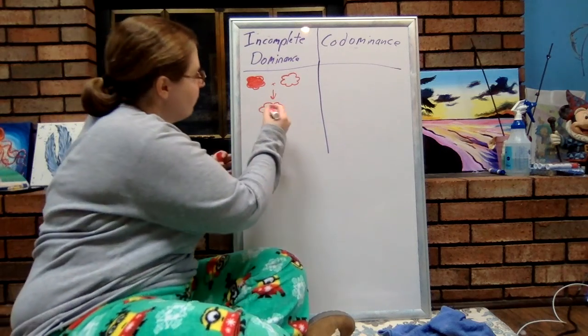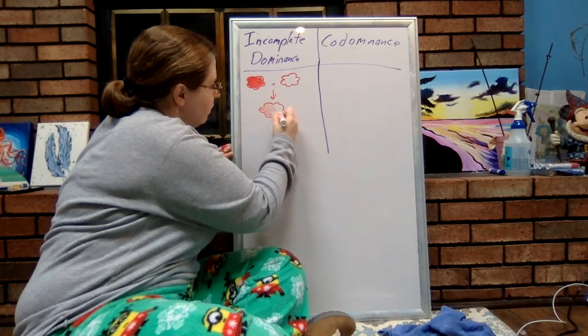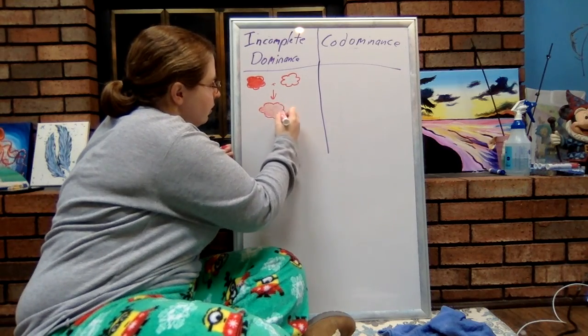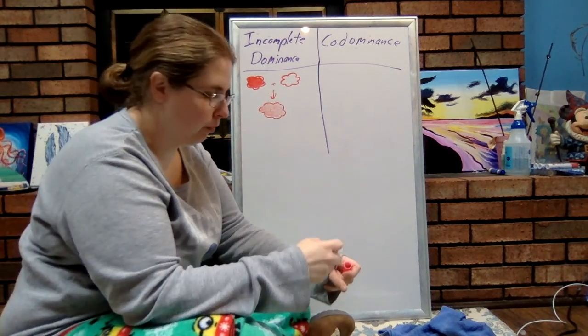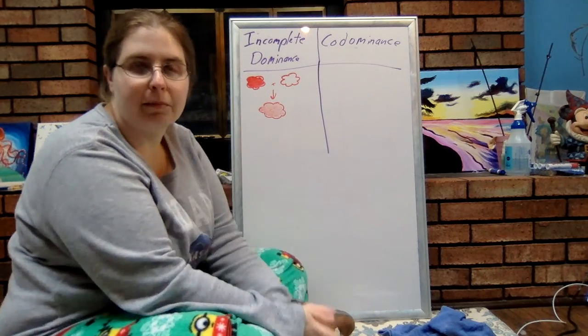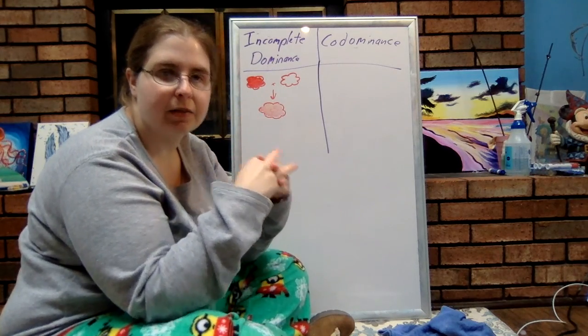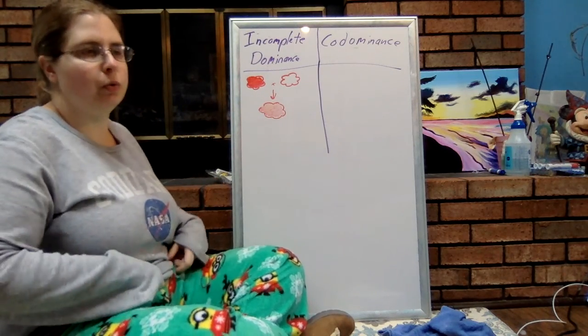You get pink. So the flowers from these crosses are pink. That's what it means to be incomplete dominance. Neither one is dominant over the other, so as a result, the traits blend together to make a whole new expression.